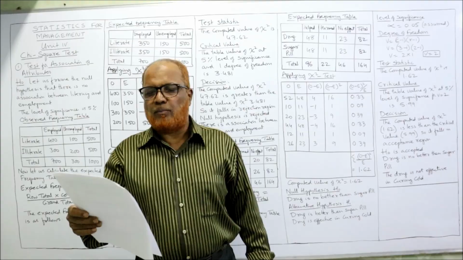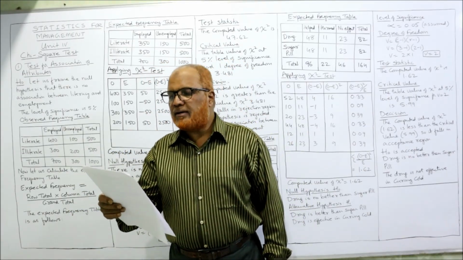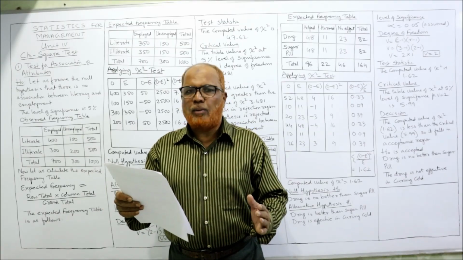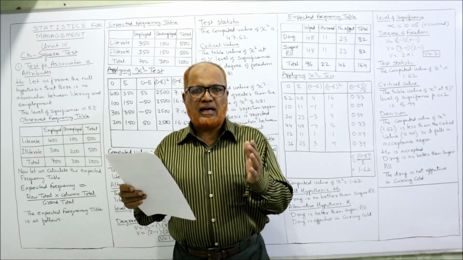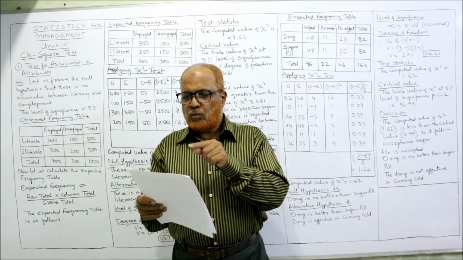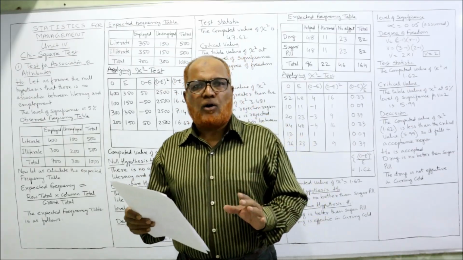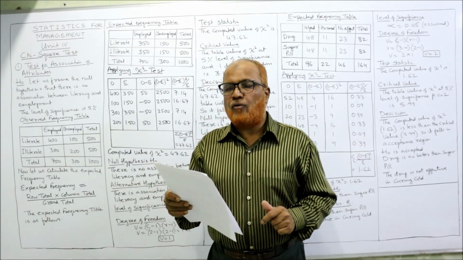Come on, see the first problem. The following is the result of a survey regarding employment and literacy. Two attributes are given, employment and literacy. We want to find out whether there is any association between employment and literacy. We have taken the data, observed frequency: literate, employed, 400.